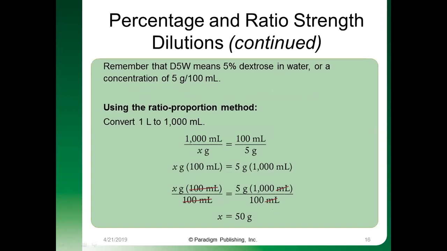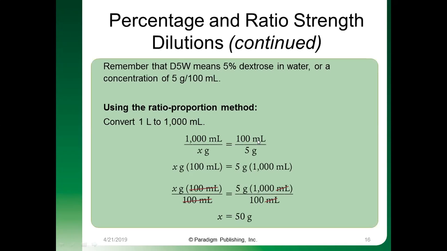So let's set up our ratios and our proportions. Knowing that we converted 1 liter to 1,000 milliliters, we have 1,000 milliliters over X grams, because that's how many grams we want to know are in 1,000 milliliters. And from our problem, 5% dextrose means that there's 5 grams for every 100 mLs.